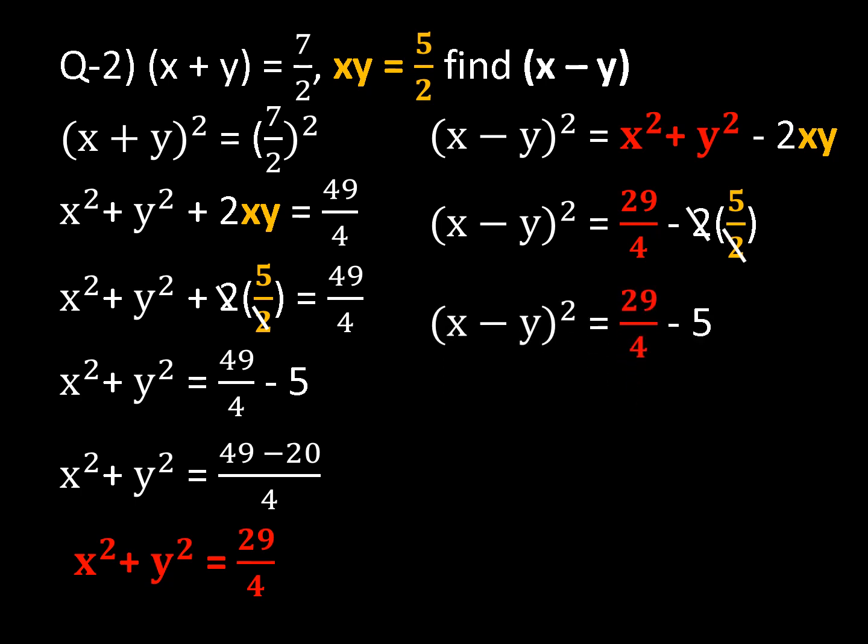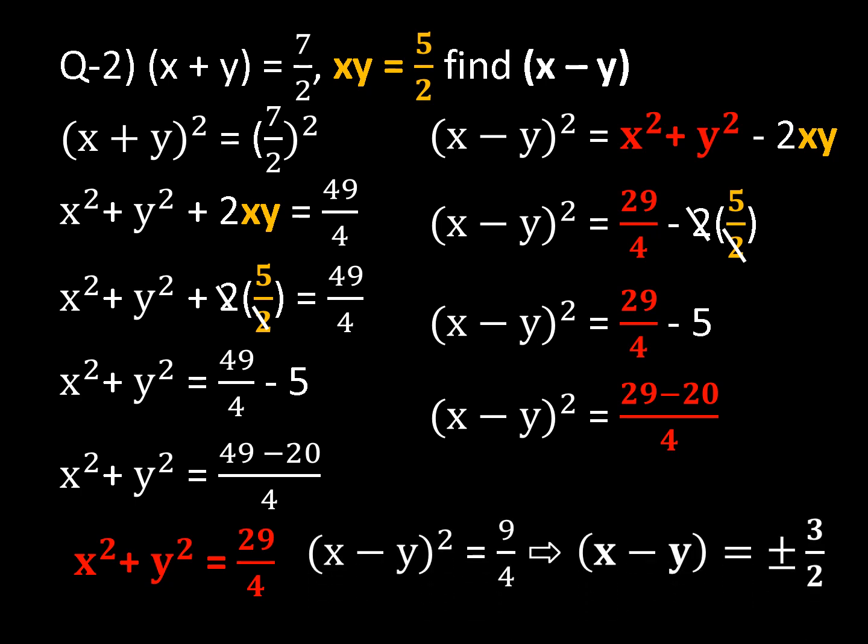That will give us 29 by 4 minus 5. On LCM, it gives us 29 minus 20 by 4. Finally, which results in 9 by 4. Hence, x minus y will be equal to plus or minus 3 by 2.